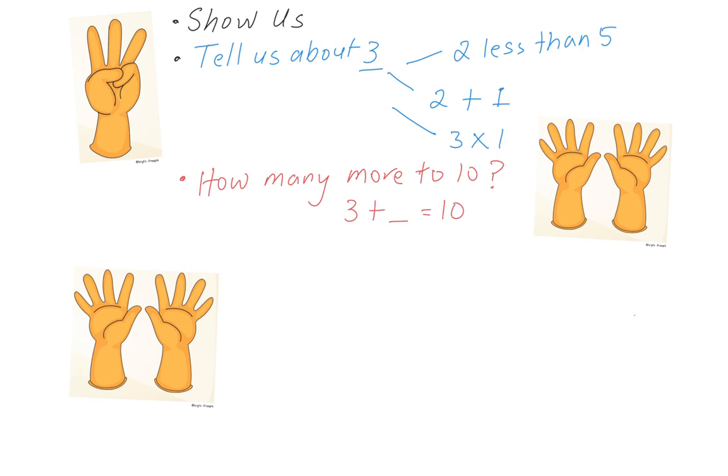So we have 3, get to 5. Get to 5 from 3. So we've got 2 more. That gets us to our 5. And then we've got another 5. And hopefully students have got this idea of 5 plus 5 equals 10.